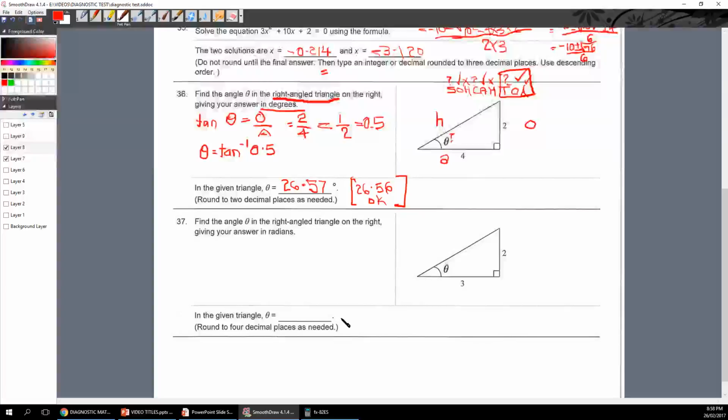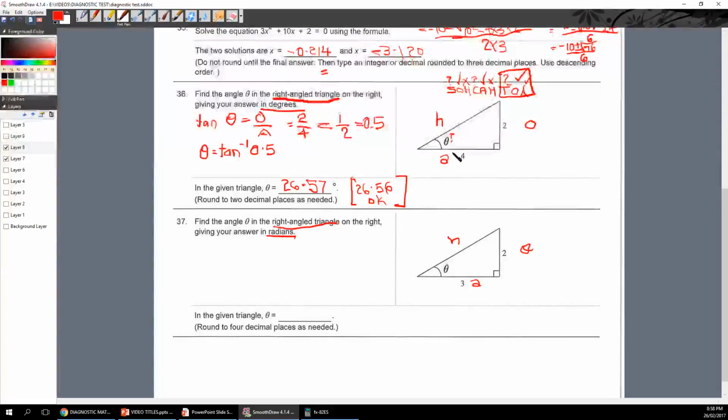Okay, all right. So now on to the next one, and it's the same thing, theta there, in a right angle triangle, but we want the answer in radians. Okay, so this is the hypotenuse, this here is the adjacent, and this here is the opposite. So it's pretty much the same problem as the one up there.